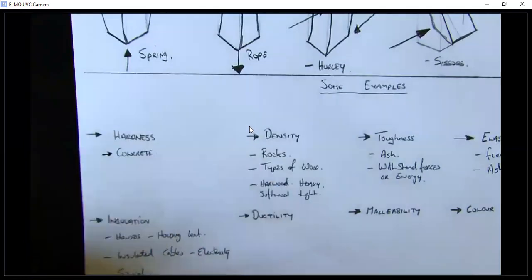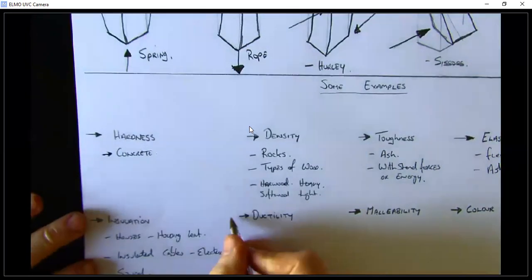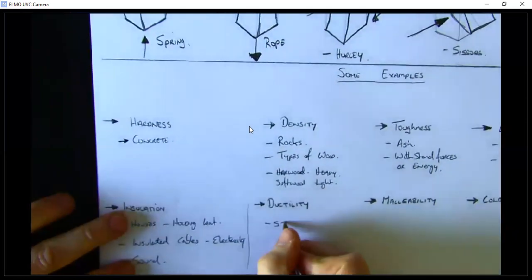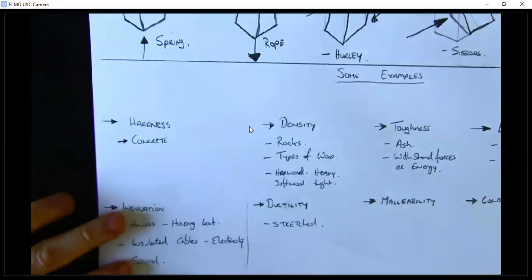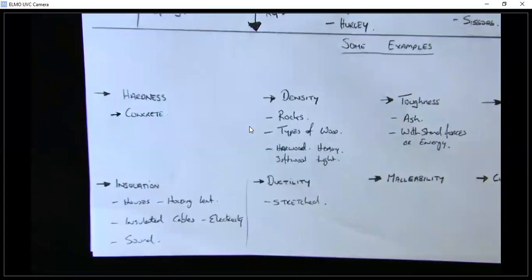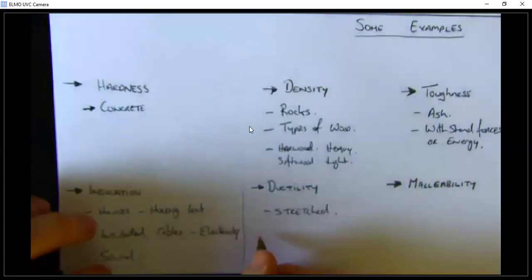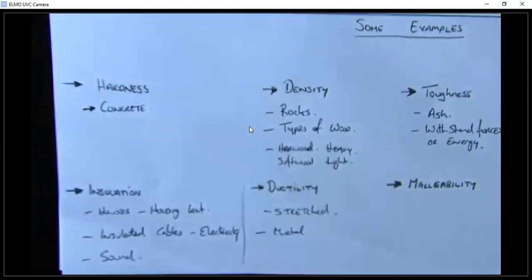Okay, the next one is ductility. That's basically how well a material can be stretched. So when we talk about ductility, we'll just put in stretched here. That's something, guys, that we're not going to be encountering too much in woodwork. But if we think of metals, it is very common in metals.